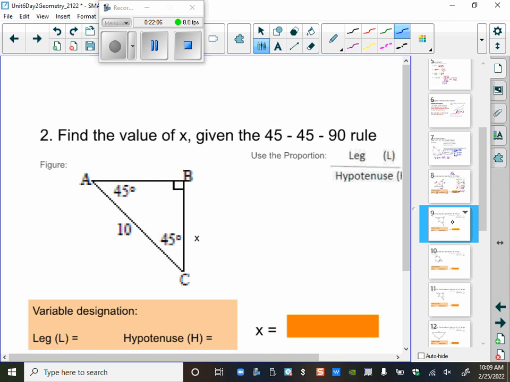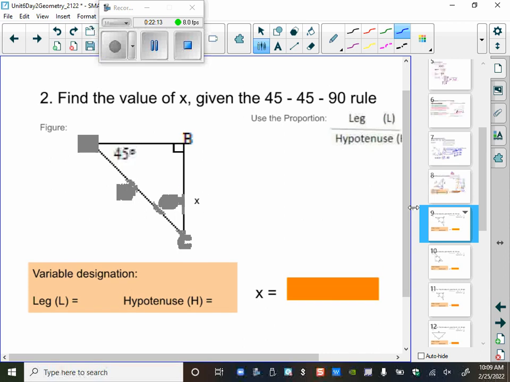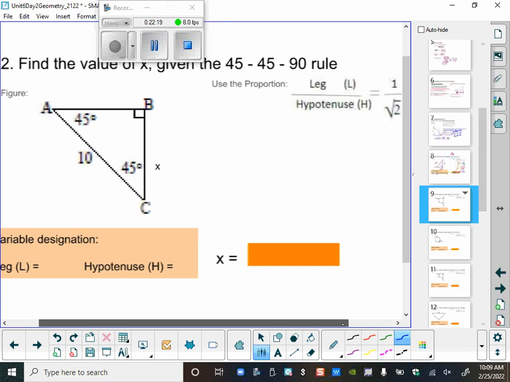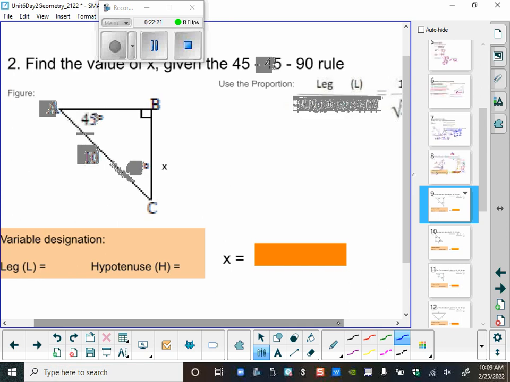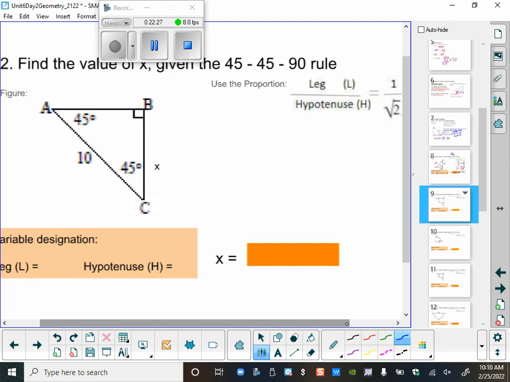Okay, this one's gonna be a little different. This one might be a little more involved, but not by much. All right. Now, who could tell us what's going to happen here?